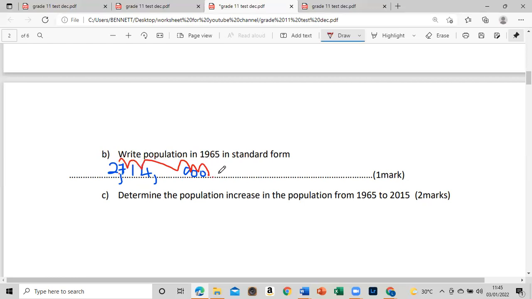Alright, so our answer would be 2.714000 times 10 to the number of places moved, which was 6. We need to determine if it's positive or negative. Now this would be positive.